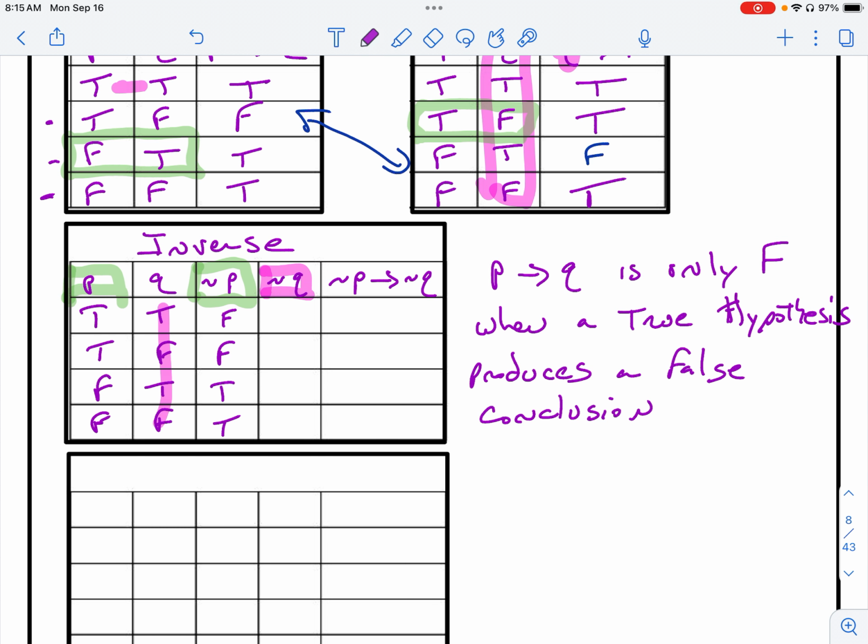Same for Q. Then we're going to compare not P to not Q. So we got false and false, which makes it true. We got false and true, which makes it true. We got true and false, which is going to make it false, and then two trues is true.